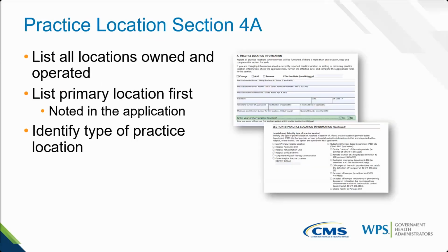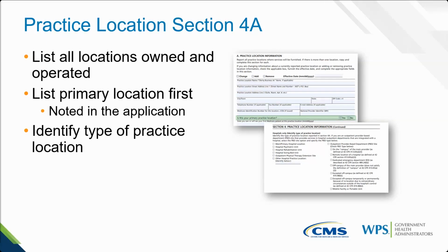So moving on to the practice location section of the application. This is a piece where there's a couple of things that we need to generally be aware of. First, you do need to list all locations that are owned and operated by the hospital. All locations. You do need to indicate which location is your primary practice location.